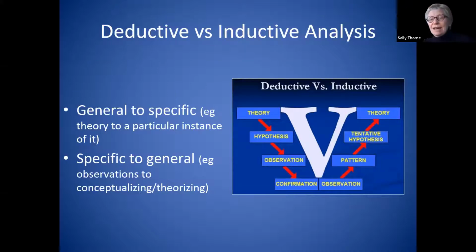So yes, we're trying to aim to push ourselves into that inductive domain in which we work from the observations and build up theorizing, but both are actually operating in the mind of the qualitative researcher.